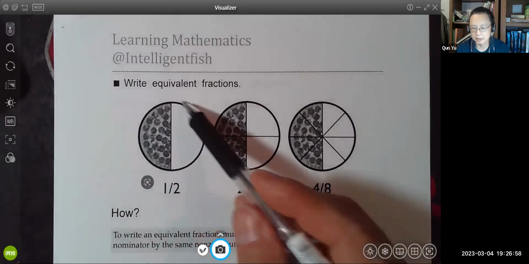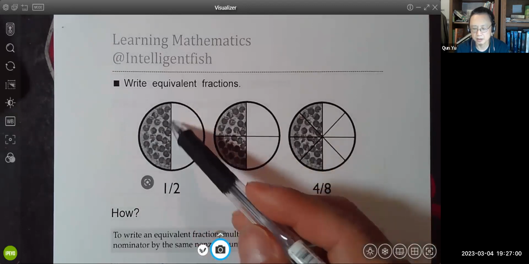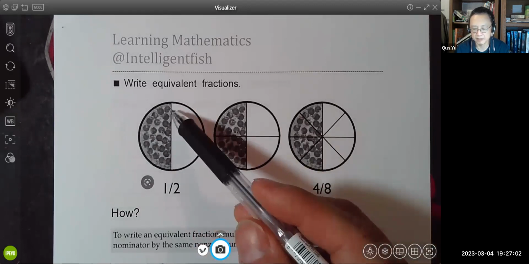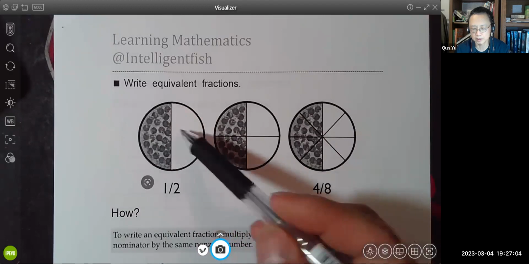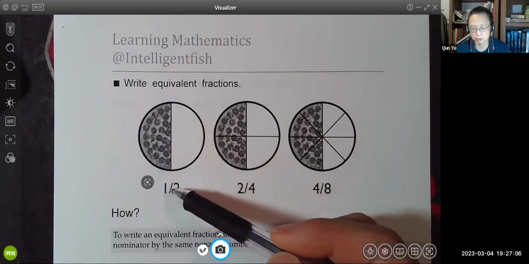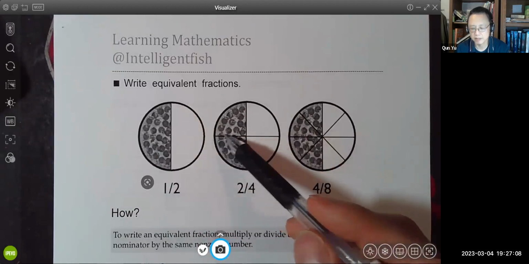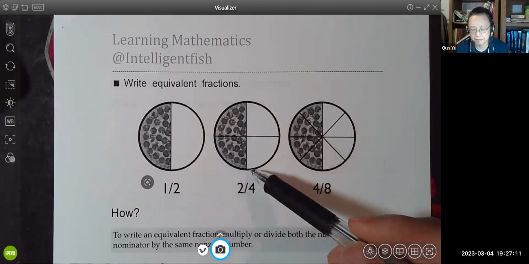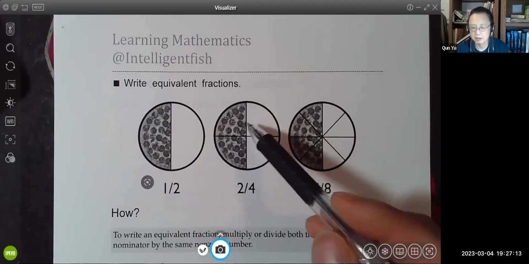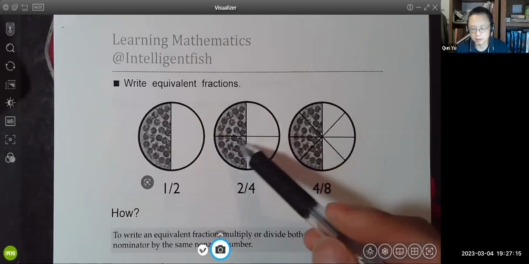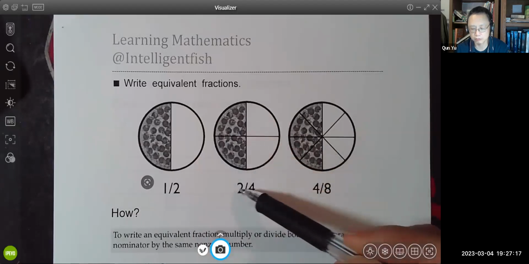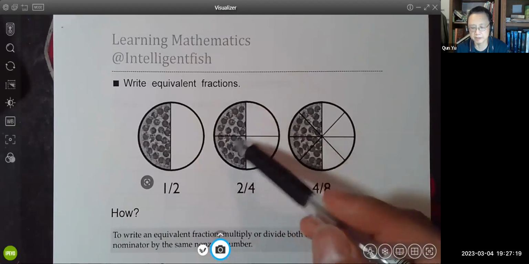So this is identical pizza. This is 1/2 of a pizza because it divides the whole pizza into 2 equal parts. You get 1 part. That's 1 out of 2. But if you divide the same pizza into 4 equal parts, you take 2 parts, 2 out of 4, visually now this is the same thing.